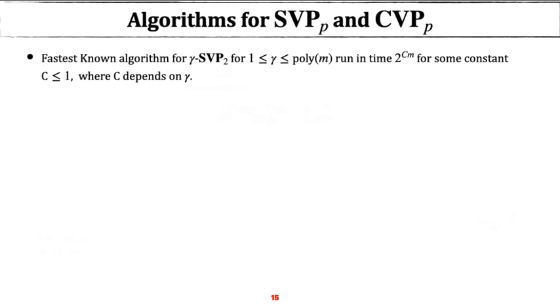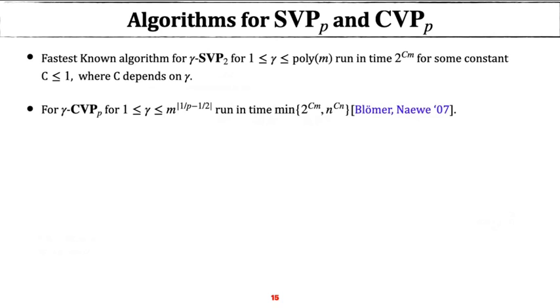Most of the progress in algorithms is for the L2 norm for SVP, and we know that for any approximation from 1 to polynomial in m, algorithms take 2 to the constant times m, where this constant depends on gamma, and is less than 1, but is at least greater than 0.1.